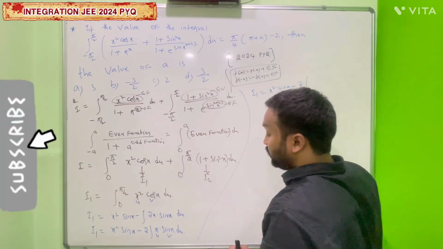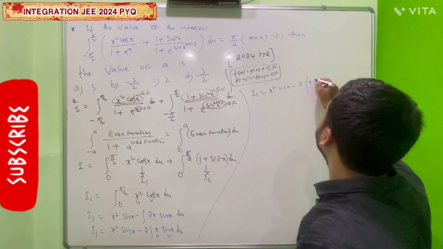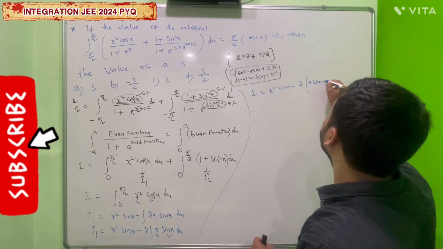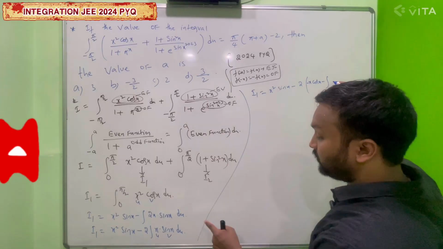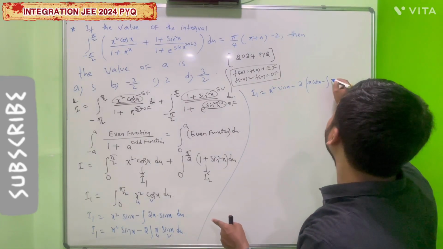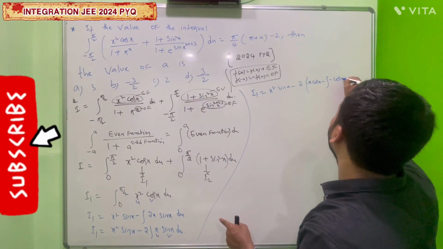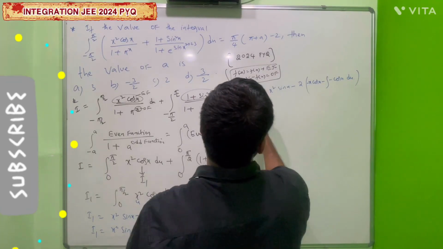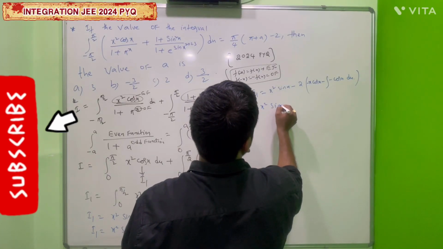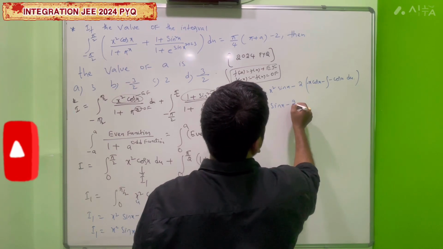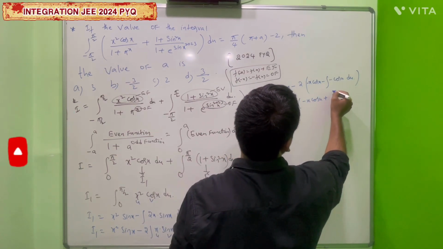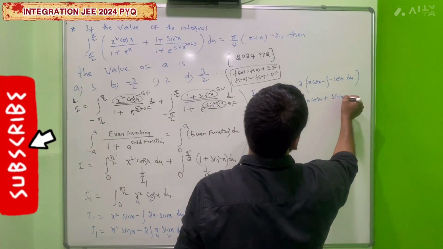So u into integration of sin x, so that is x into integration of sin x is minus cos x, minus integration of u dash means 1 and integration of sin x is here minus cos x with respect to dx. So close this one. So that is equal to x square into sin x minus 2 times of minus x cos x minus of minus plus integration of cos x, sin x.